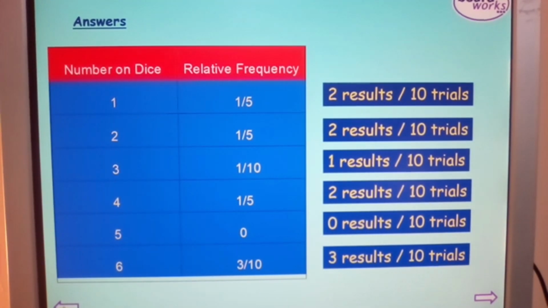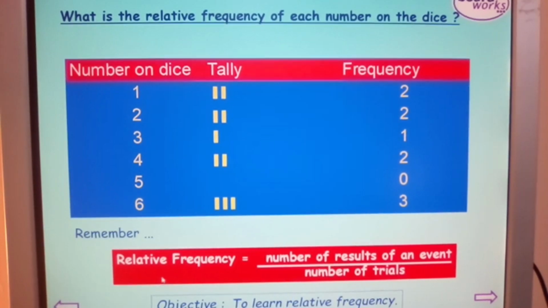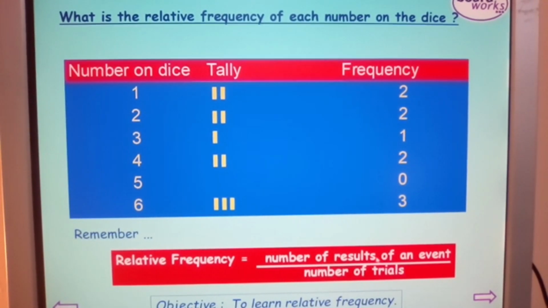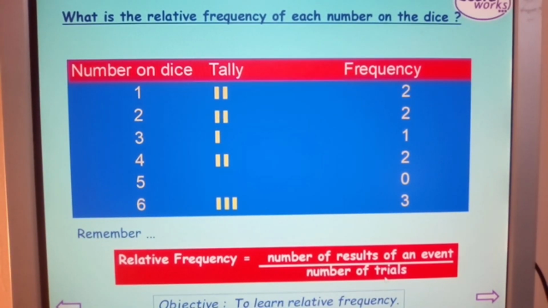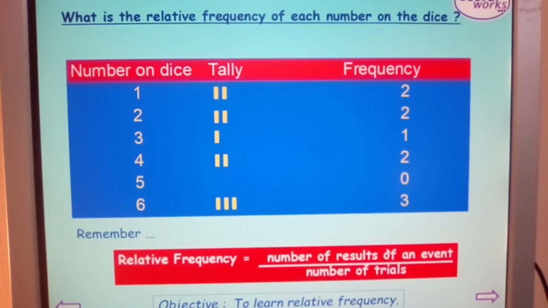Now remember the formula. Let me just go back. Relative frequency equals number of results of an event over number of trials. Okay, carry on.